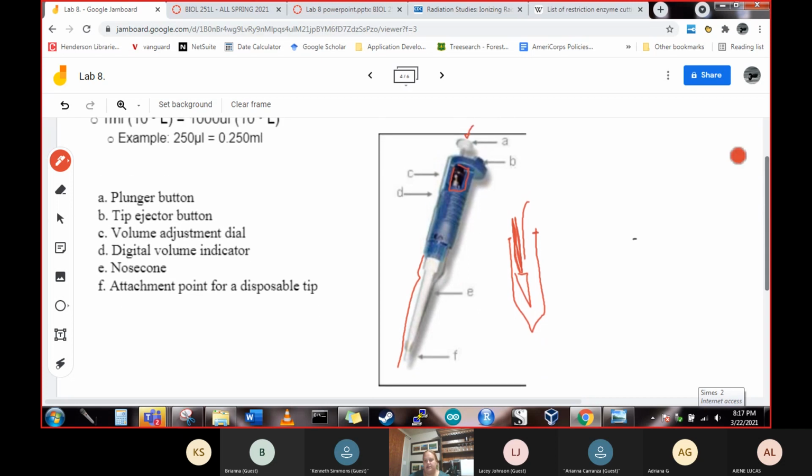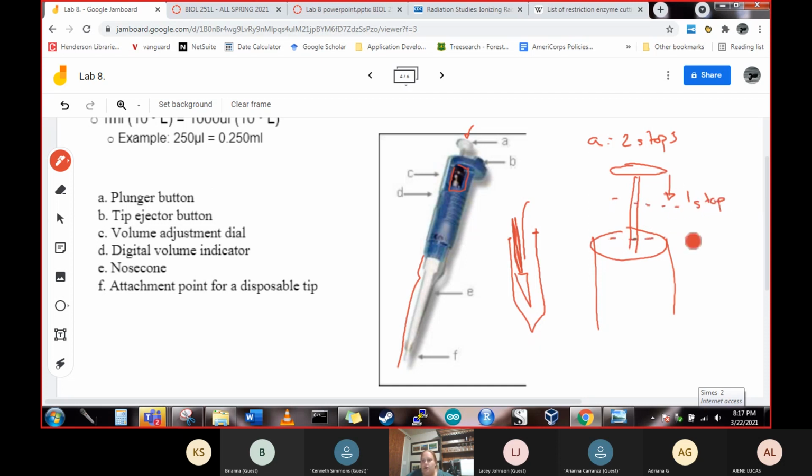And A actually has 2 different stops. If this is your plunger button on your pipetter, it goes down to a first stop, and then it will go all the way down to a second stop.